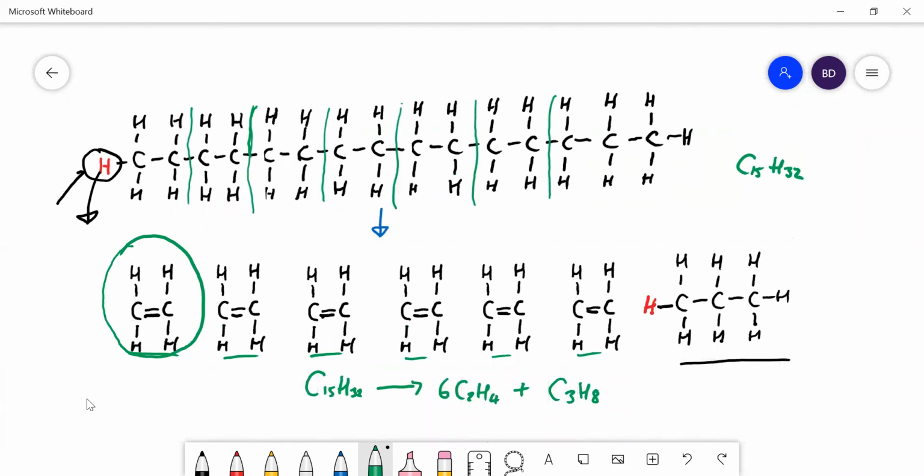Ethene can be used to make plastics. Probably heard of polyethylene, which we'll come to in a later video. But for now, we'll leave that there. That's cracking, breaking less useful big hydrocarbons down into more useful smaller ones. And when you do that, you introduce double bonds. When the molecule's got a double bond in it, no longer an alkane, it is an alkene.